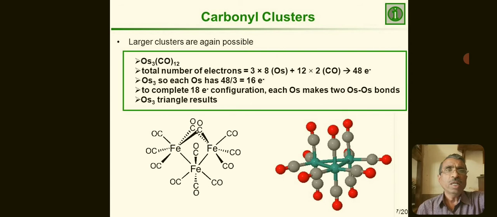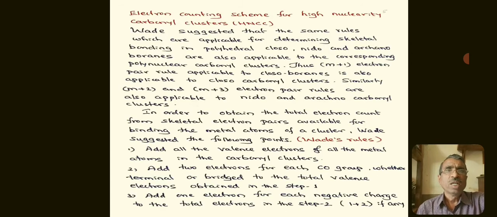Now, in today's class, let us study the electron counting scheme for high nuclearity carbonyl clusters. Wade, a scientist, suggested that the same rules which are applicable for determining skeletal bonding in polyhedral closo, nido, and arachnoboranes are also applicable to the corresponding polynuclear carbonyl clusters.